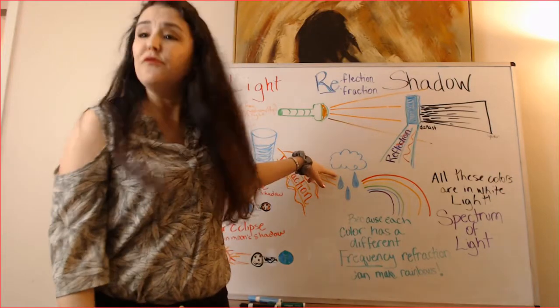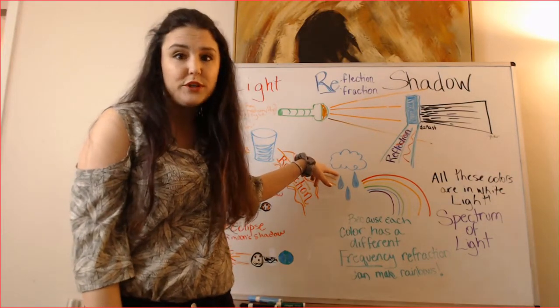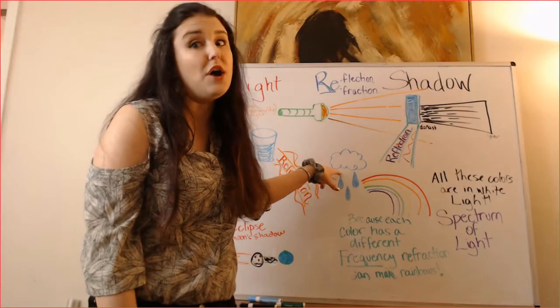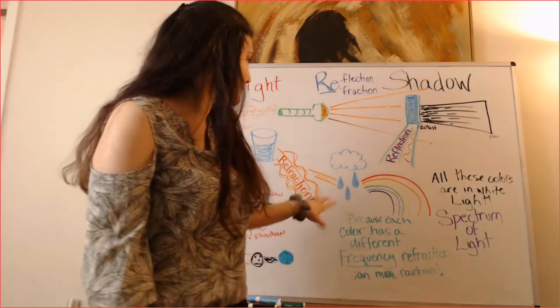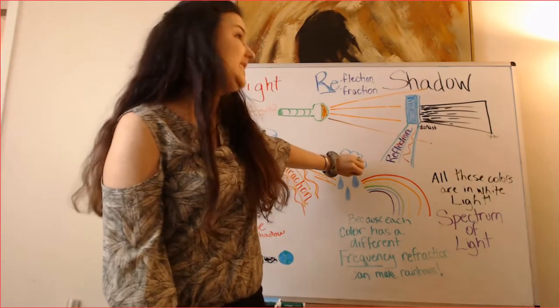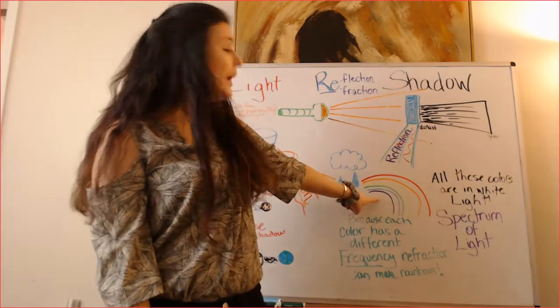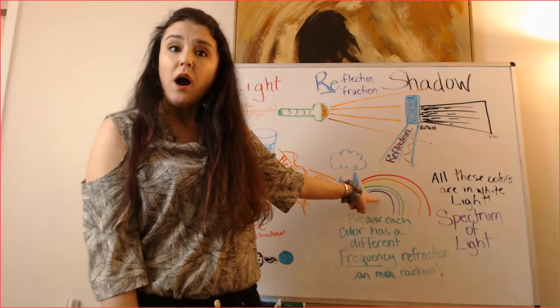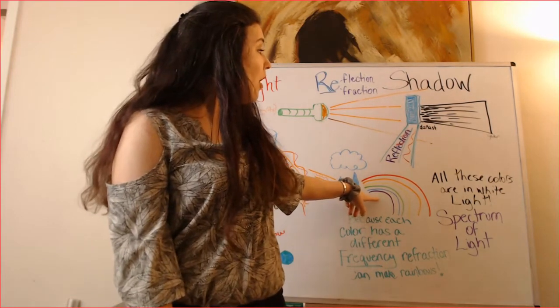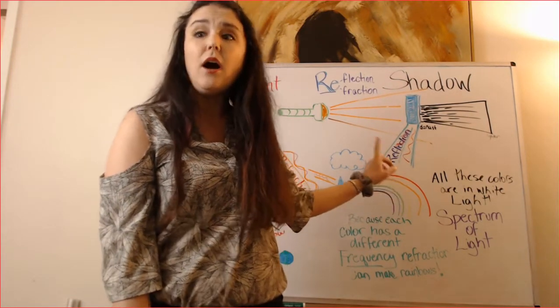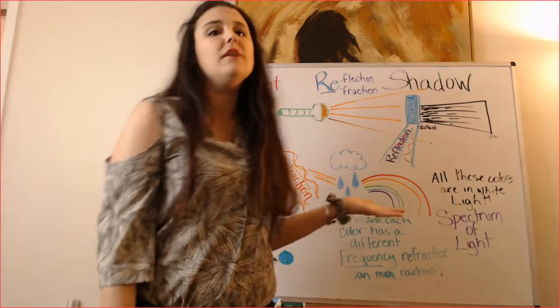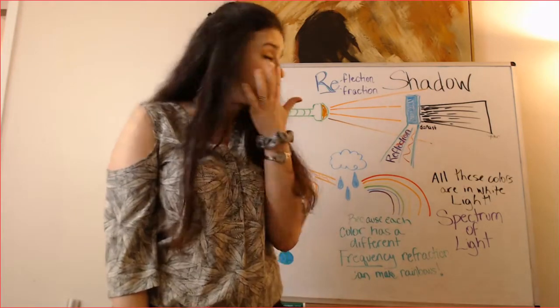But something very special can happen when it travels through raindrops or water particles in the air. A very special kind of refraction happens called a rainbow. The rainbow is all the colors in our spectrum of light, our visible spectrum of light that we can see.